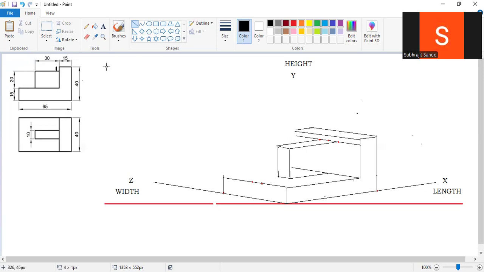Right. Sorry, erase this line. This line also is not required. Then what you have to do, proper measurement you have to follow, right? Join here to here, right? Join here to here. Yeah, the line is a little bent here, but it will come straight.